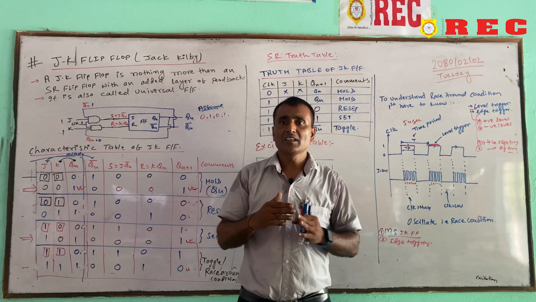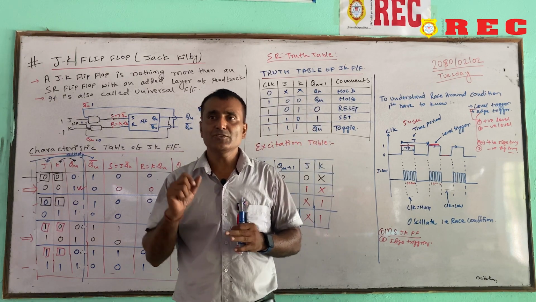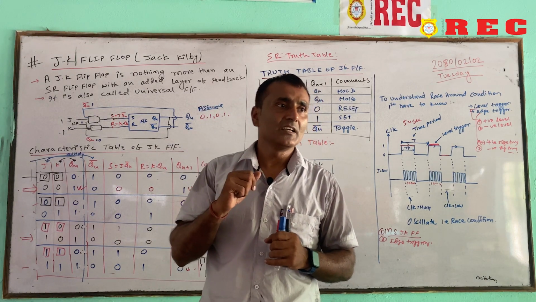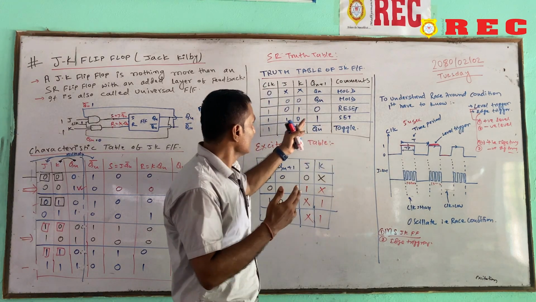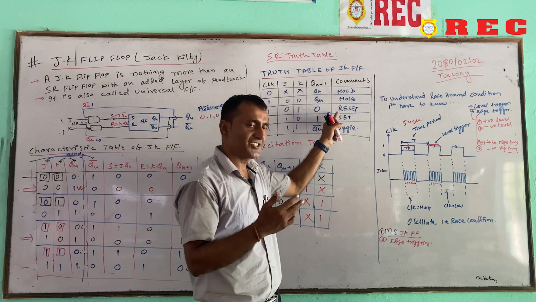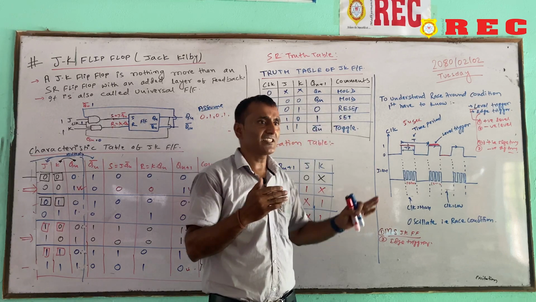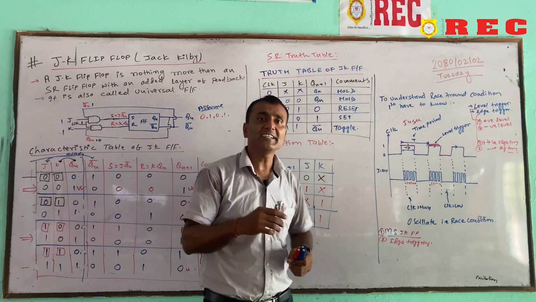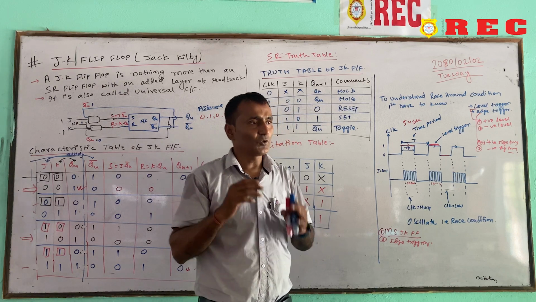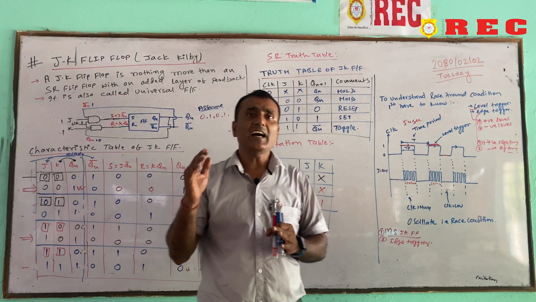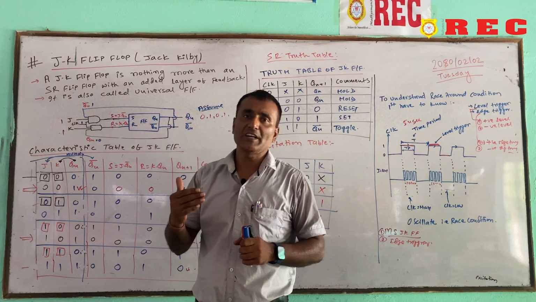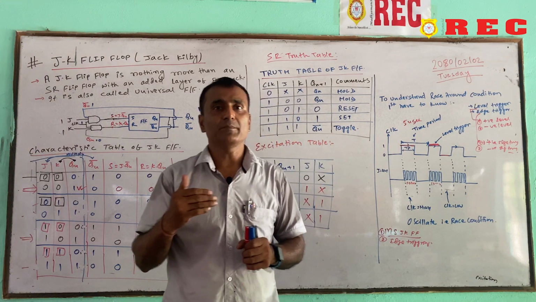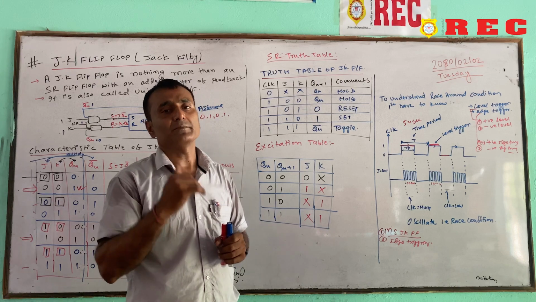In that we saw the 4 conditions 0 0, 0 1, 1 0 and 1 1. The 3 conditions we have already cleared: the hold condition, reset condition and set condition. In the SR latch there was the problem that the invalid condition came. While S and R are equal to 1 1, we got the invalid state. So we moved towards the JK flip flop to solve that problem.